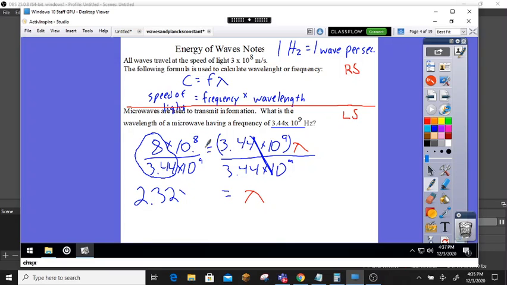And the exponents, if we are dividing exponents, we're going to subtract them. So 8 minus 9. And that's my answer.